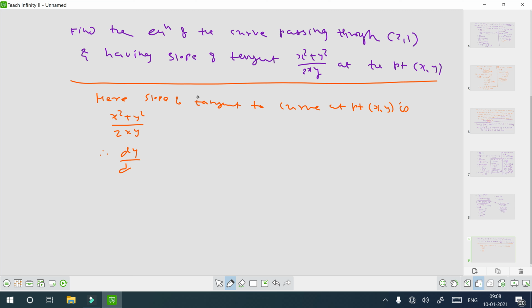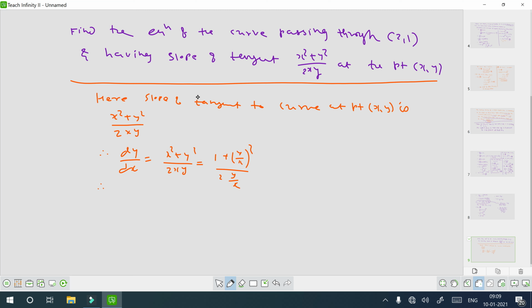So we know that dy by dx is slope. So what happens? This can be written as 1 plus y by x whole square over 2 into y by x, yes or no? Dividing numerator and denominator by x square.